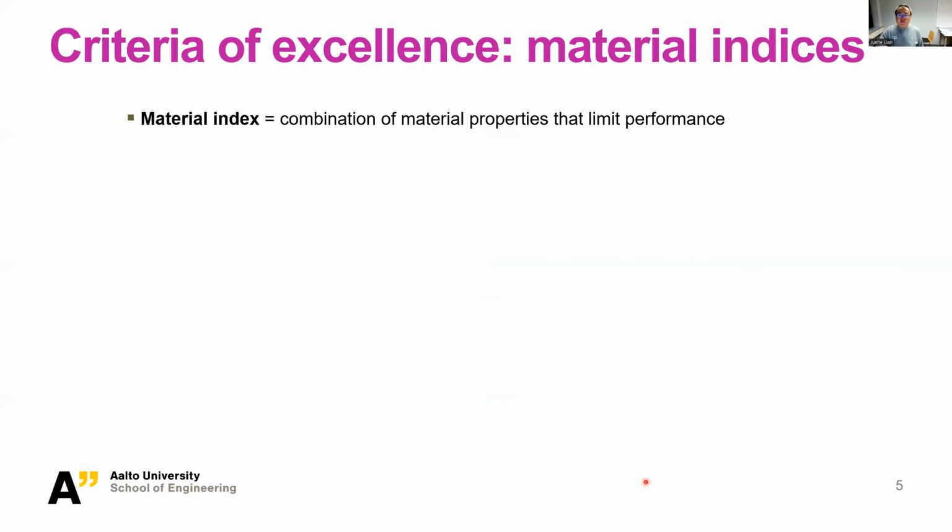We have learned many material indices, and for us to use those hybrid materials in advanced structures like boats, the goal is to maximize the material index, or the material indices, and we want to have excellent material properties.